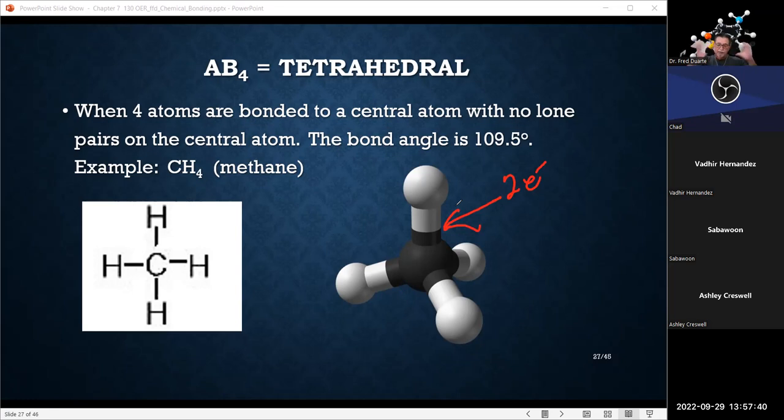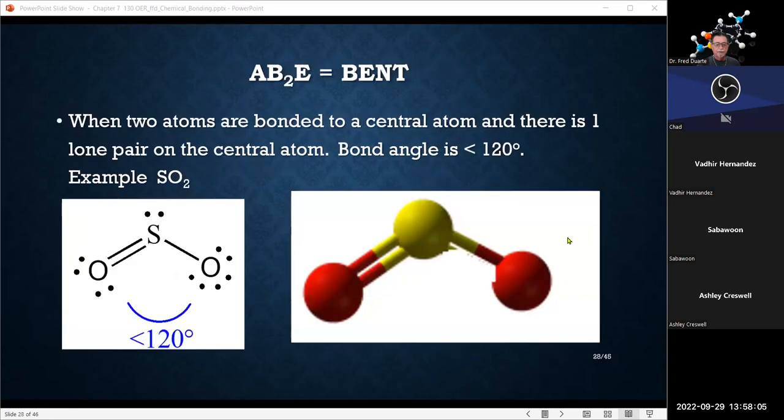You'll find them just spread out, and that's the configuration they're going to get, the maximum configuration that they would obtain, so they can get away from the repulsion of the charge of the electrons. Okay, so tetrahedral, good example here is methane, a hydrocarbon. This tetrahedral configuration is found a lot in nature.